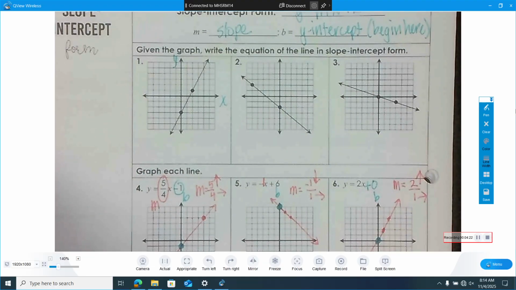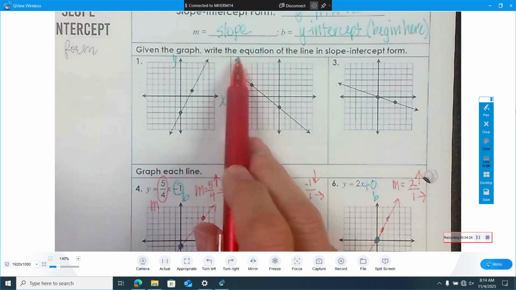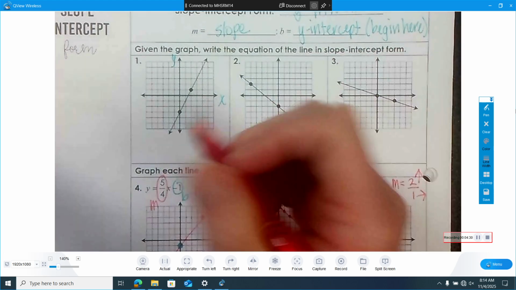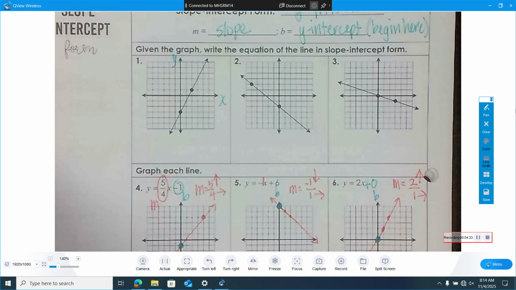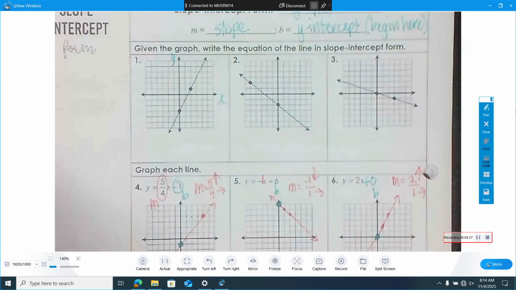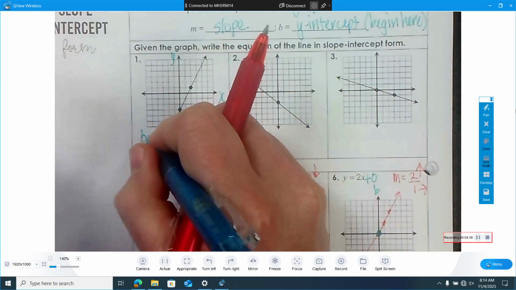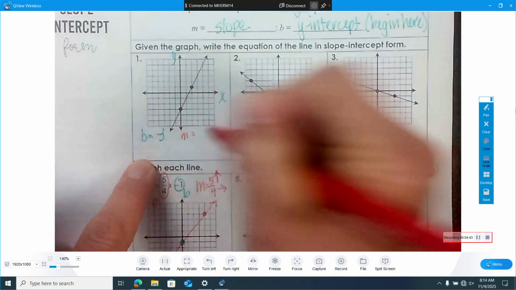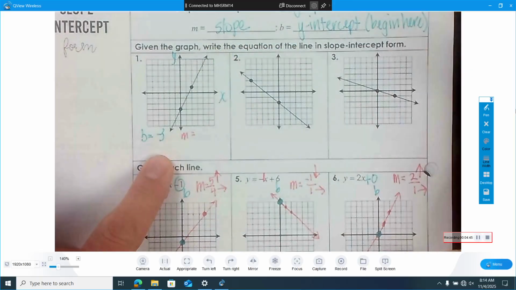Okay. So now that we can graph using slope-intercept form, we want to do it in reverse and actually write the equation of the line in slope-intercept form. So again, I want it to be y equals mx plus b. So we need to find the parts. So on this first one, what is the b? -3. Okay. And then we need to figure out the slope, which again is a stair-step thing.